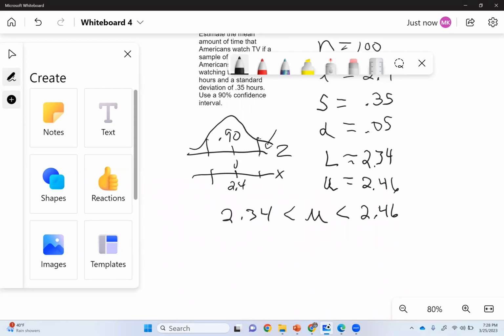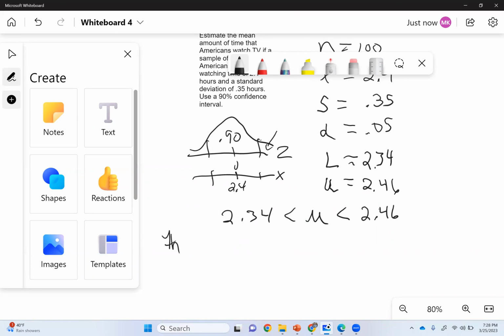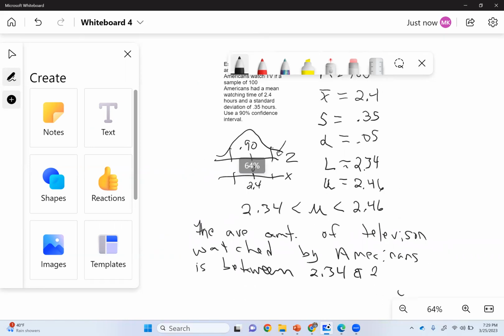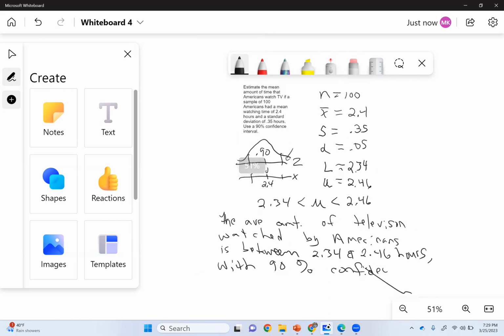So how do we interpret this? We say that the average amount of television watched by Americans is between 2.34 and 2.46 hours with 90% confidence.